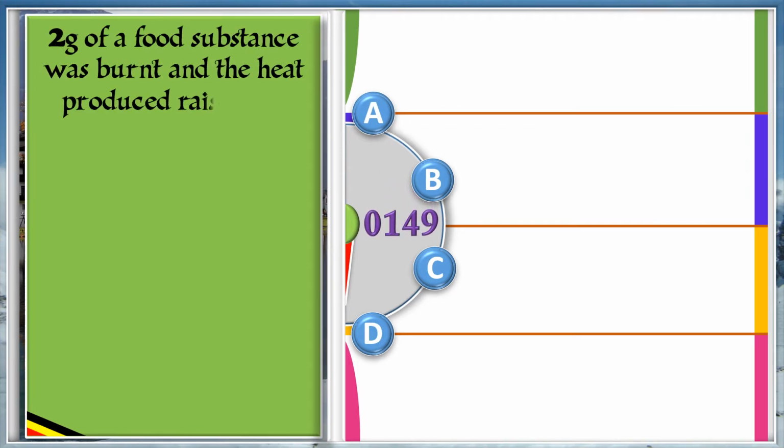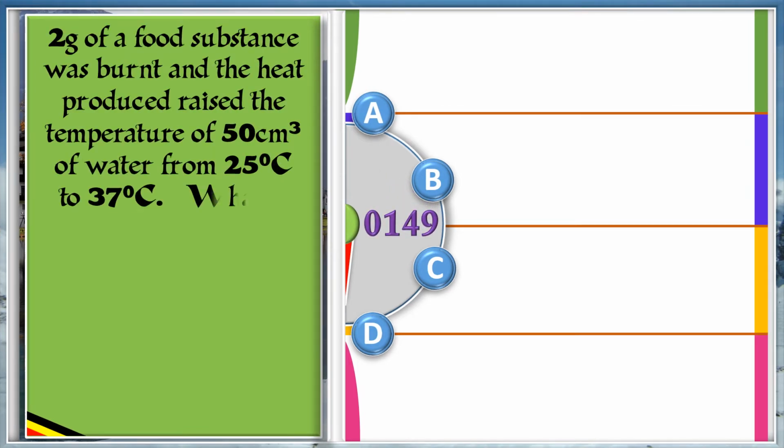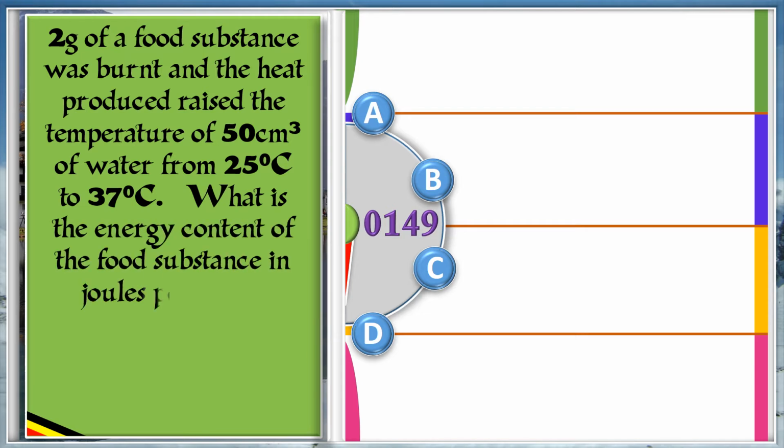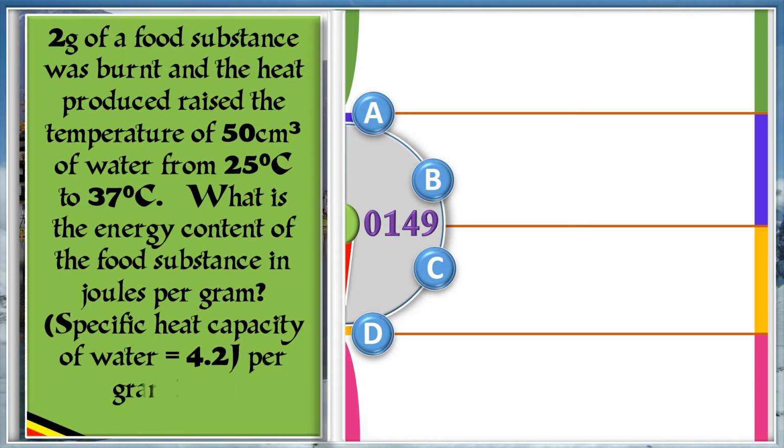Two grams of a food substance was burned and the heat produced raised the temperature of 50 cubic centimeters of water from 25 degrees Celsius to 37 degrees Celsius. What is the energy content of the food substance in joules per gram, given specific heat capacity of water equals 4.2 joules per gram per Kelvin?